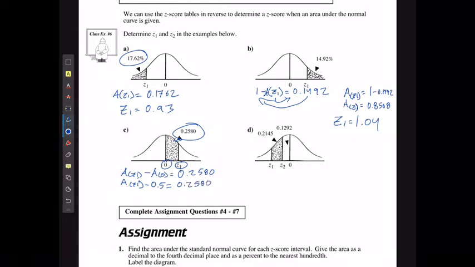I can add that to both sides and say the area of Z1 is going to equal 0.7580. Then I go to my chart to find what Z1 is, and the closest to 7580, Z1 is going to be a Z-score of 0.70.